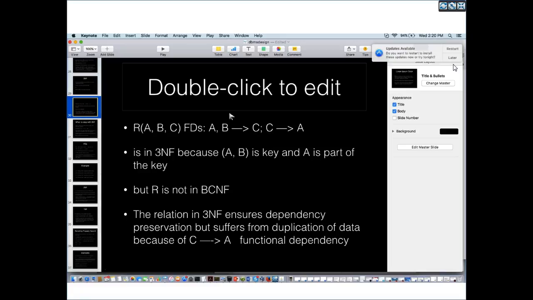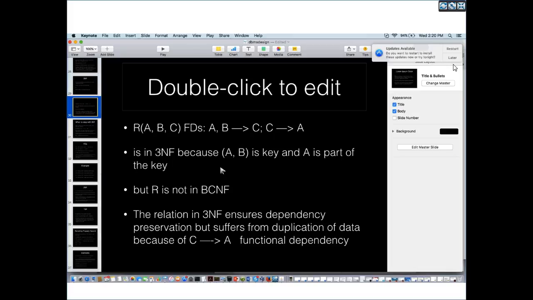Now what this is saying is, C is functionally determining A, right? Now AB is the key here. Okay, AB is the key. Now this currently is not in BCNF because C is not the key for this relation, right?